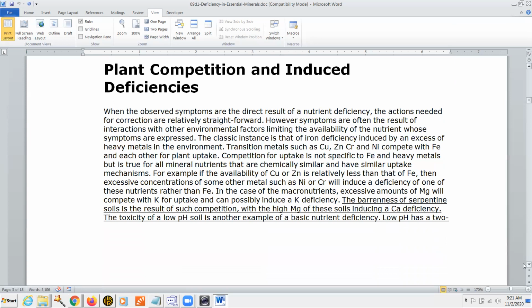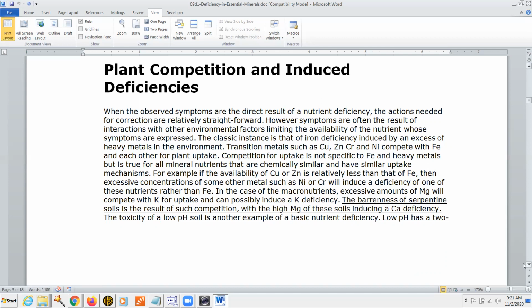Plant competition and induced deficiencies. So there are things where one plant might compete to grab nutrients and steal it from another plant, causing a deficiency in the loser. There are other conditions, induced deficiencies. For example, if I have a pH that is inappropriate, I can add lime to raise the pH, and all of a sudden I don't have enough iron in my soil.